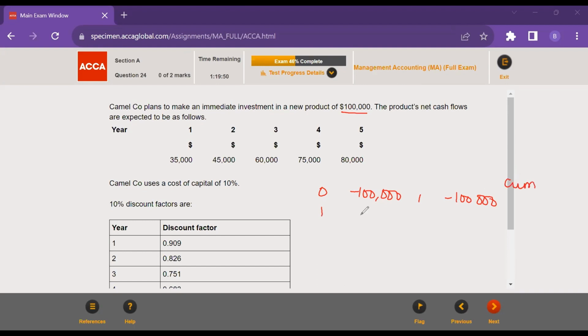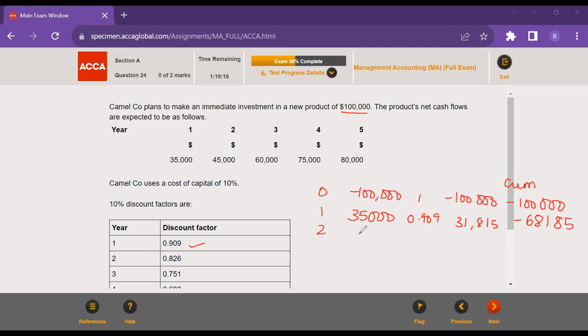So for year 1, I have my inflows as 35,000 and the discount factor is given as 0.909. So if I discount this, I will have my discounted inflow as 31,815. So earlier I was having a negative 100,000. Now if I add 31,815 to negative 100,000, I will be left with negative 68,185.